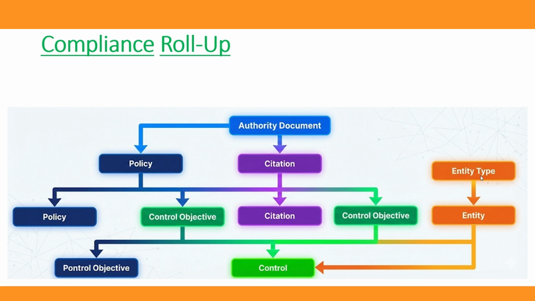Once we add the entity type to the control objective, as you can see in this flow, the control instantiation happens, right? And a control gets generated. Sorry for my wording here, it should be control objective, not control, of course. Now, a control will have an entity.